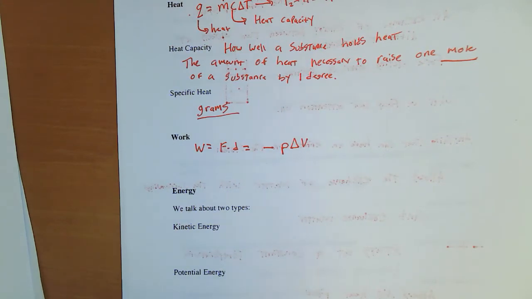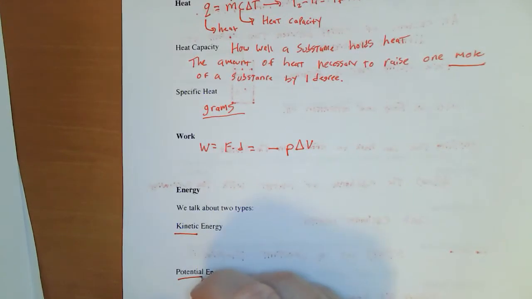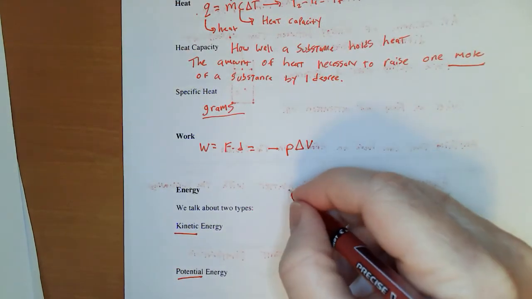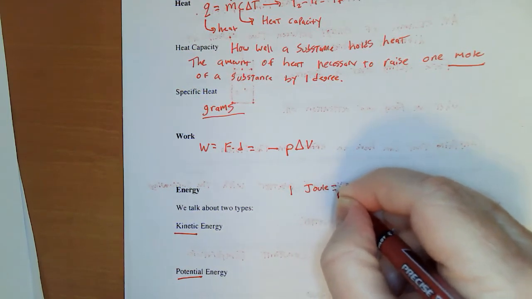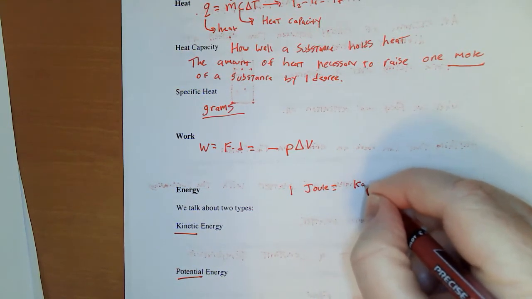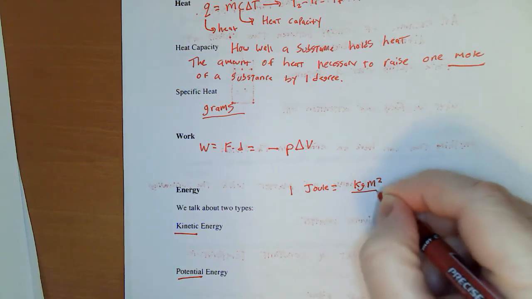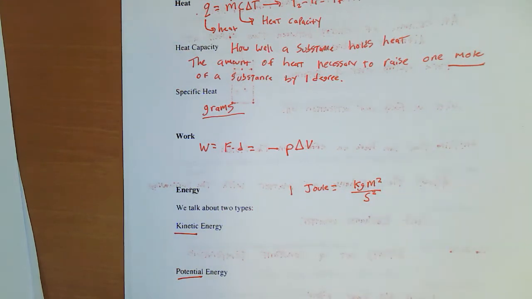Energy. In this chapter, we're going to refer to both kinetic and potential energy. Okay? It is probably important to note that 1 joule is the equivalent of a kilogram meters squared over second squared. Okay?